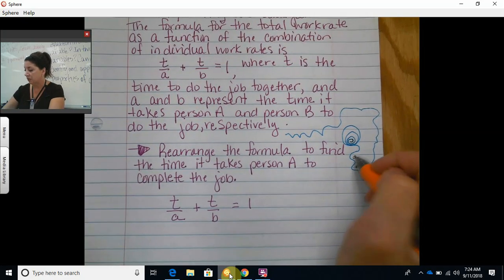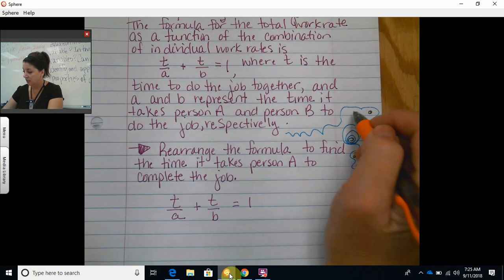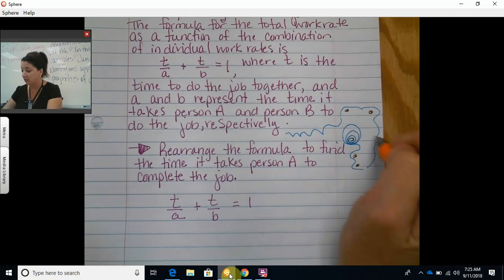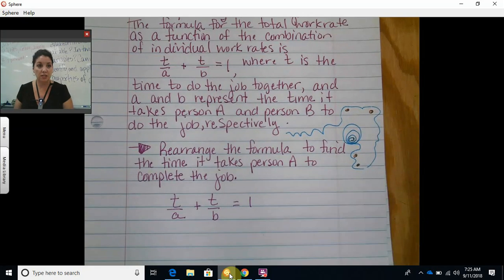So what we're going to do is, since it wants us to rearrange the formula to find the time it takes person A to complete the job, we are going to basically isolate the A.